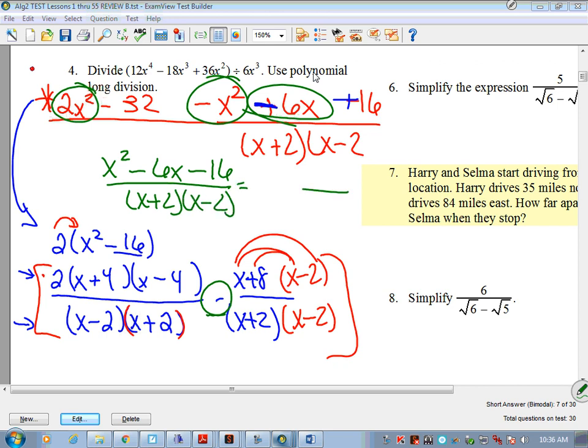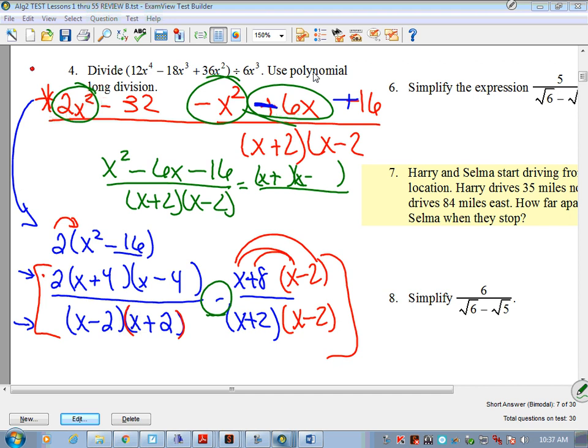Let's see if our top, as we factor that down, becomes anything easier to work with. We've got x, we've got x. We got negative, negative, which means we're going to have a positive and a negative, but my negative number has got to be greater. Things that multiply to be 16, but have a difference of 6. Well, you can take 16 and divide by 2, and you're going to get 8.